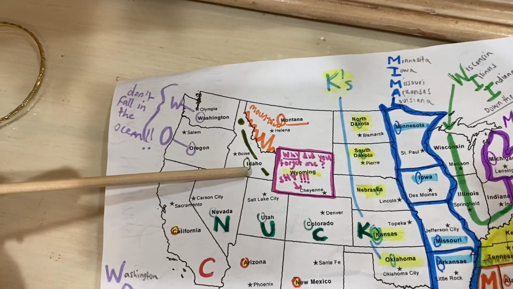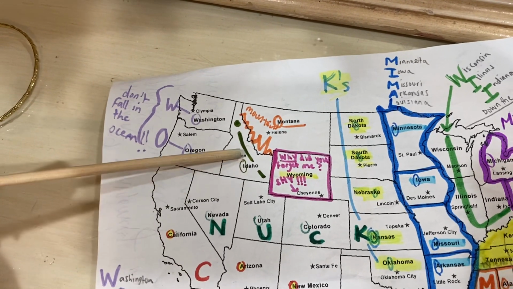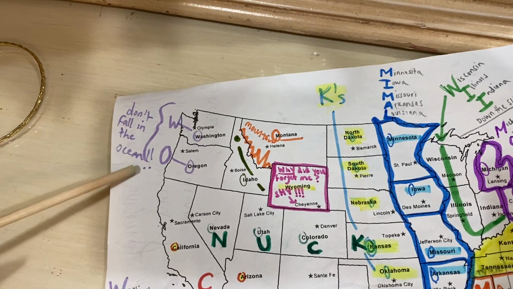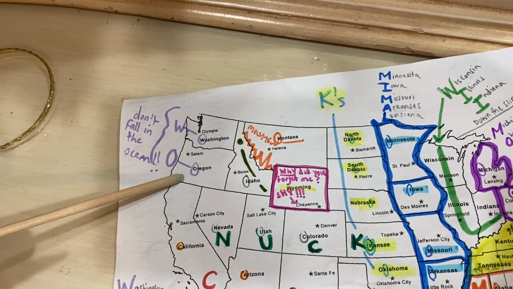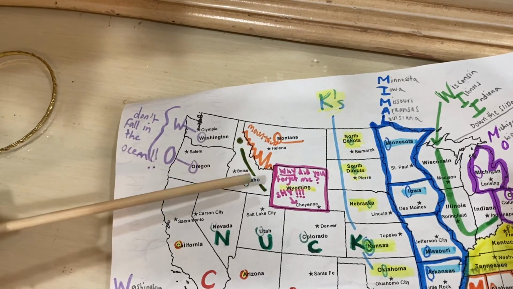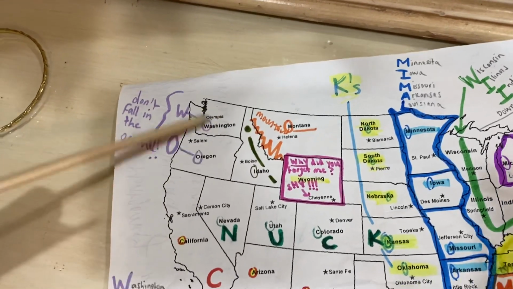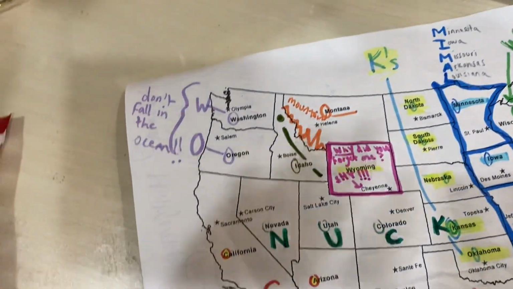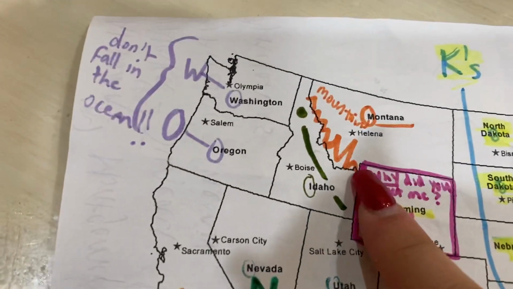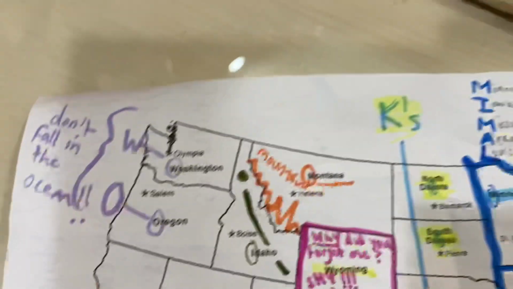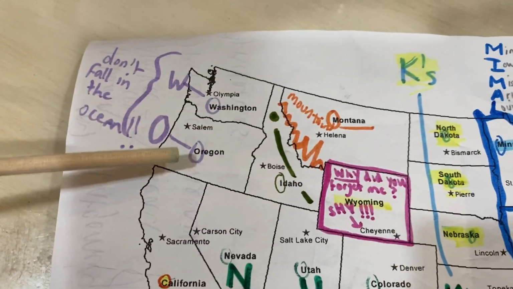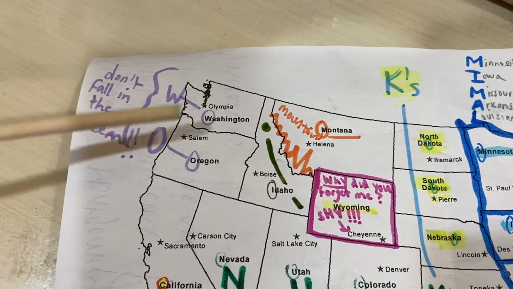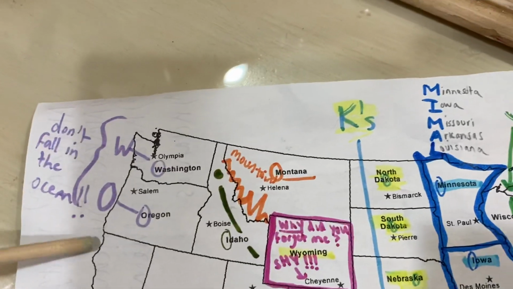Then next to that, you don't want to fall in the ocean. Whoa! Mountains, I, and whoa. This would be water. If you fall off, you'd fall into the water. So that would be W-O, Washington and Oregon. Olympia, Washington, and Salem, Oregon. Don't fall in the water.